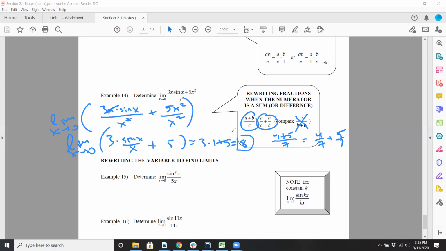And you could, if you so desire, go to Desmos and actually plug in this actual function here and see what happens when x gets close to 0, and you should be able to get that to work out for you.